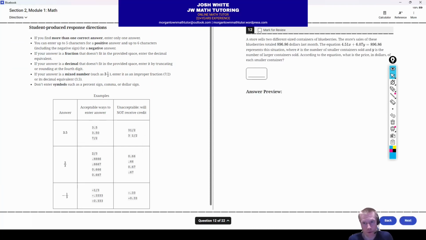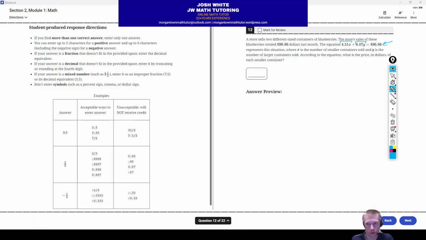All right, next up we have basically a linear equation with two variables here. And this is just basically an interpretation of a linear function. So there's two different size containers of blueberries. The total sales amount is this dollar figure on the right. So basically on the left, you have total dollars from small containers and then total dollars from large containers.